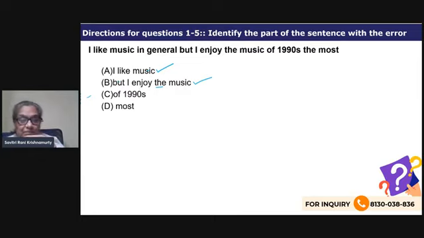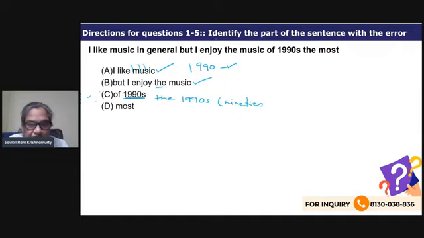Now if I say the music of 1990, only 1 year, then it is correct. But here I'm talking of the decade, so I should say the music of the 1990s. So C is the part of the sentence with the error.